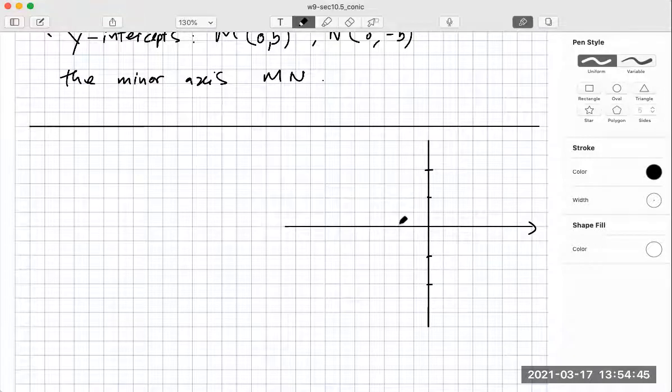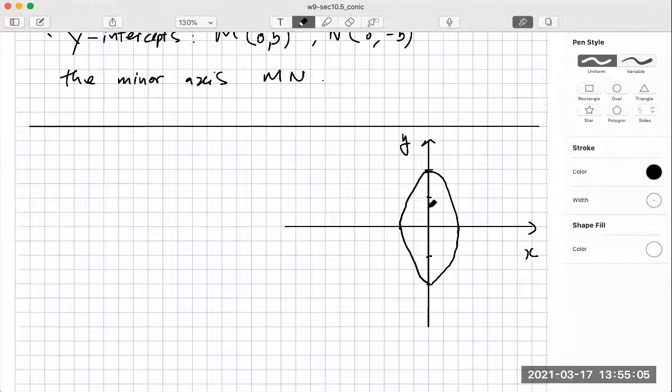Let us call it like this. It's not a good ellipse, but imagine it is perfect.